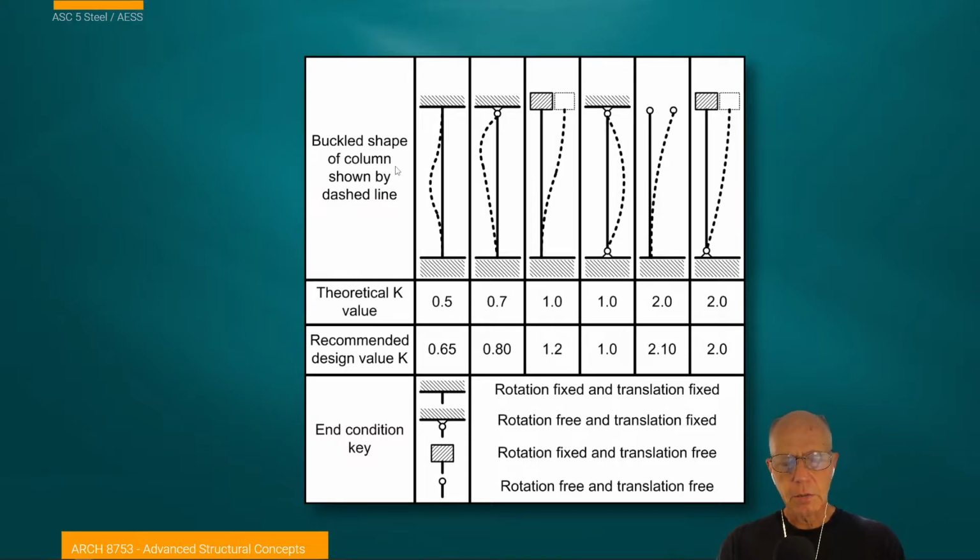This idea of how much load a column can support depends on the connection systems that it is attached to on both ends. So for instance, a stiffer column with a theoretical K value that's less, and that works out in the calculation to be stronger, is fixed rigidly on both ends.